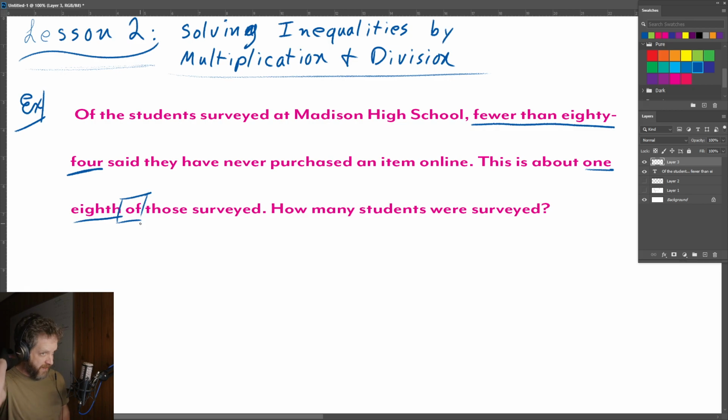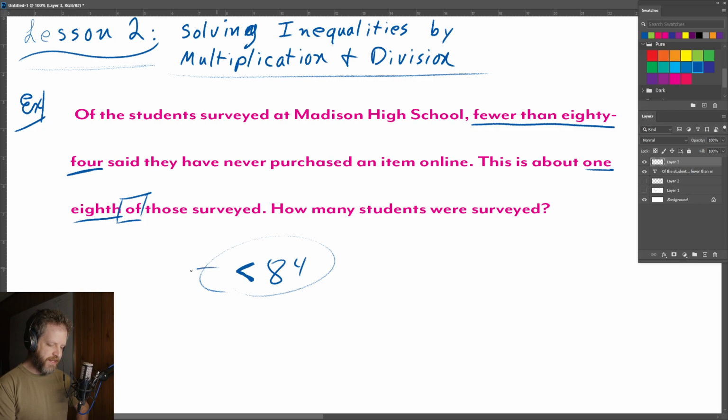This is kind of like that 30 and 32 where we're writing an equation or an inequality. So it's going to be 84 less than. Let's put it on the right. It's got to be fewer than 84, right?